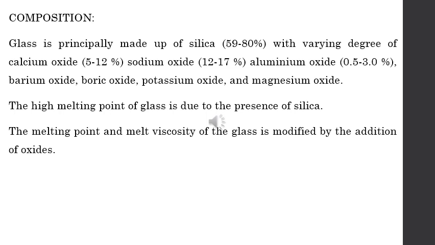Now, the high melting point of glass, due to which it can be heated and molded in various shapes and sizes, is because of the presence of silica. The melting point and the melt viscosity of the glass can be modified by addition of various oxides or by using a combination of the oxides which are mentioned.